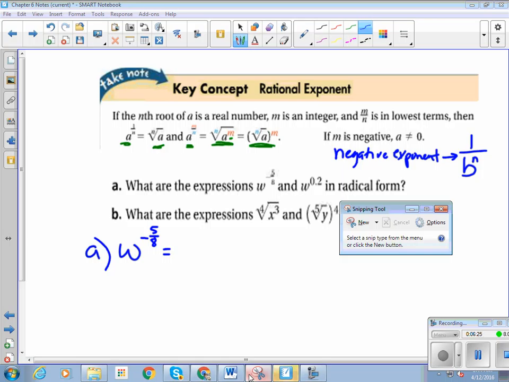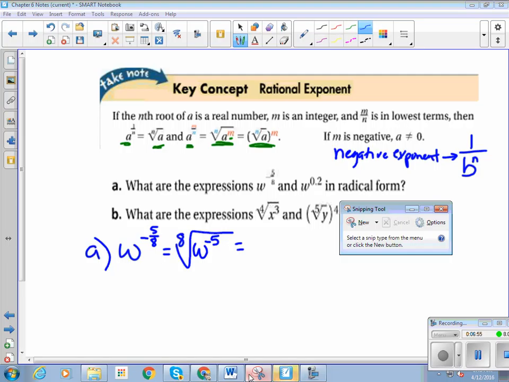So let's write the root index in, and we'll put the negative on the 5. I'm going to go ahead and apply the negative so I have just a positive exponent, because you typically never want to leave exponents negative.